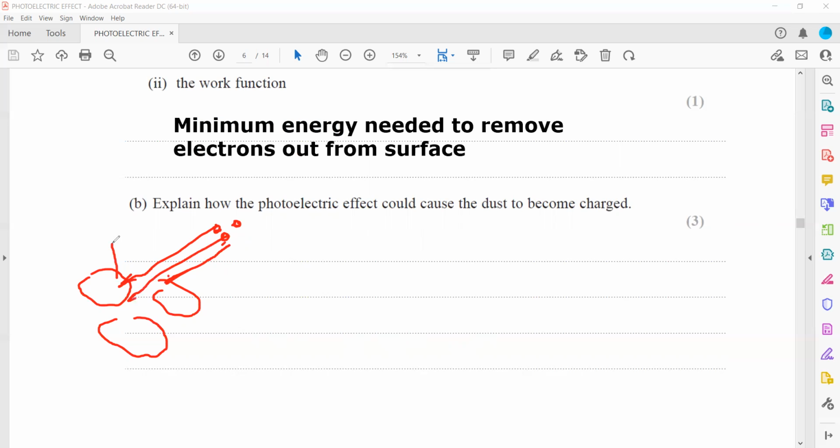The electrons present in this dust material absorb the photons, and as the energy of the photon is more than the work function, these electrons will go out. One electron absorbs one photon at a time, and the energy of the photon is more than the work function.